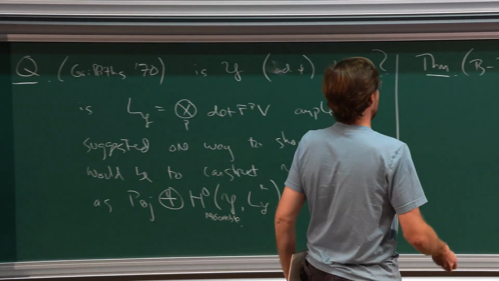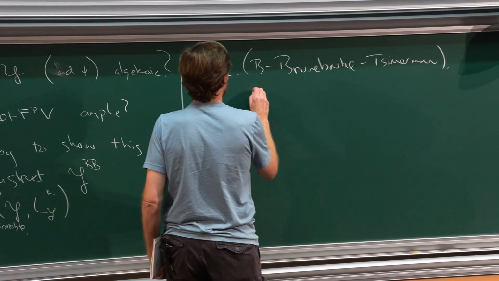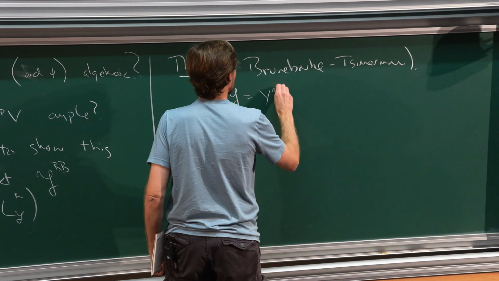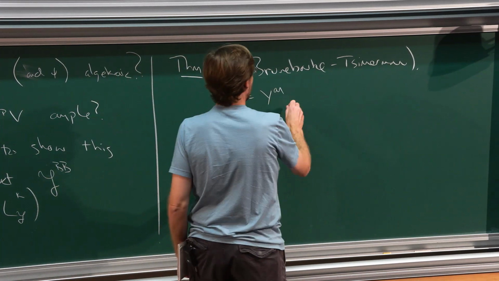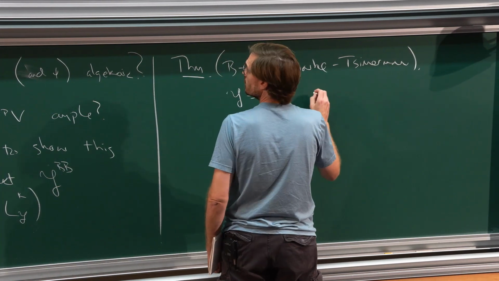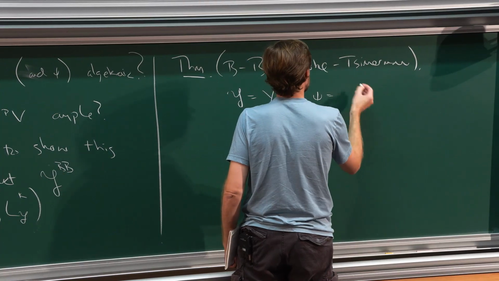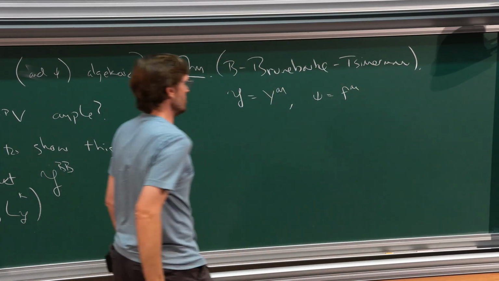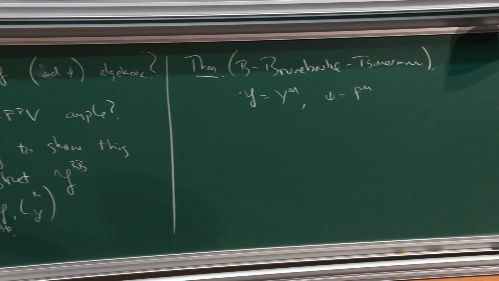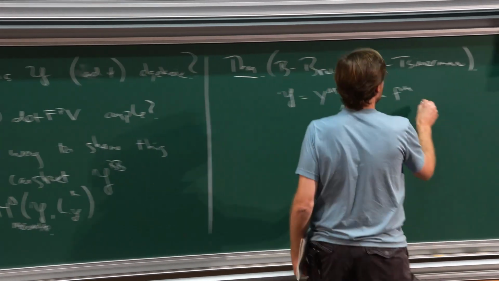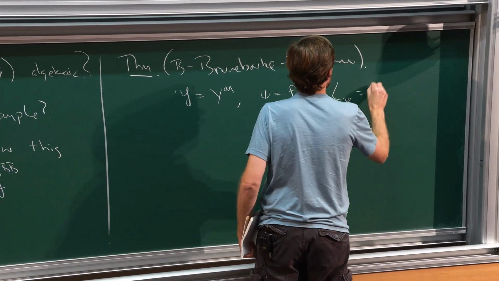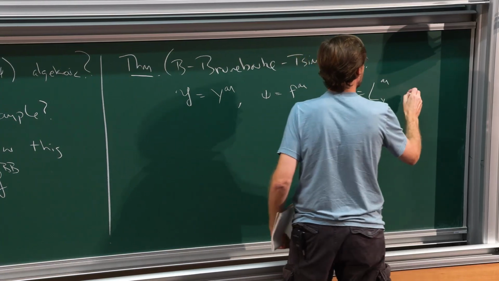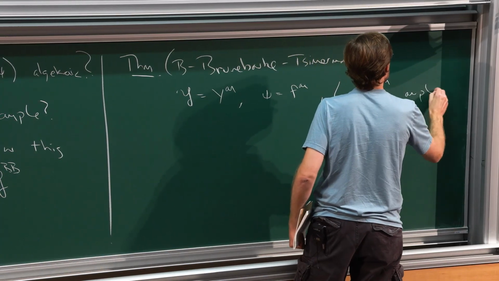So I'll come back to that in a second, but curly Y is indeed algebraic, the analytification of some algebraic variety, as is psi, the analytification of some map, and this is algebraic and ample. So L on curly Y is analytically ample.